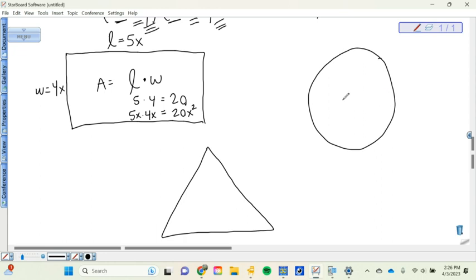Okay, what about circles? How do you find the area of a circle? No, that's the degrees. That's not the area. Radius times pi, that's part of it. It's pi r squared.